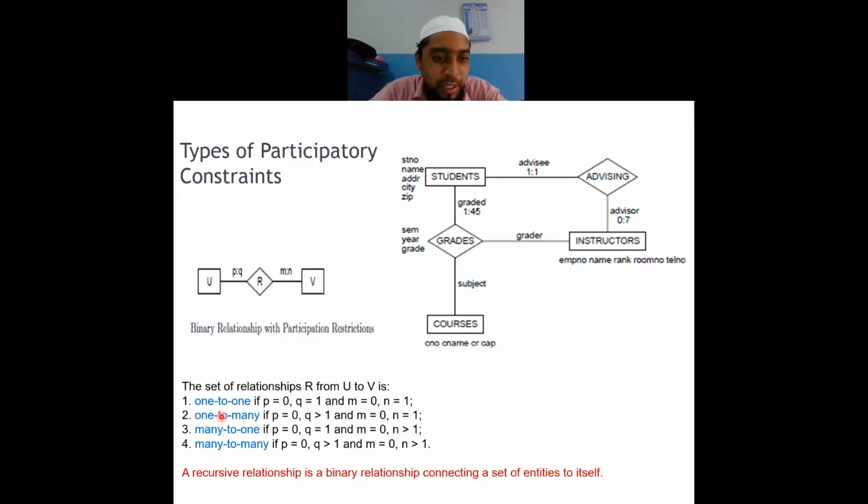From here, 1 to many, again U to V: P equal to 0, Q equal to 1, M equal to 0, N greater than 1. Many to many: P equal to 0, Q greater than 1, M equal to 0, N greater than 1. So based on this, the relationships are classified into 4 categories.